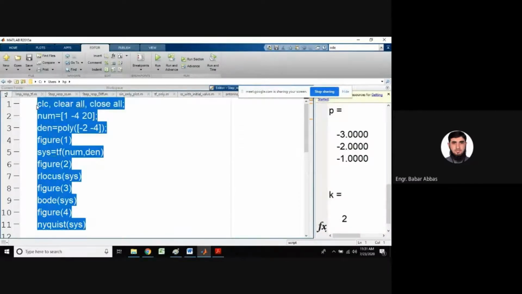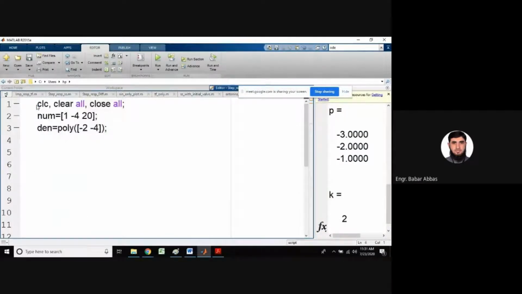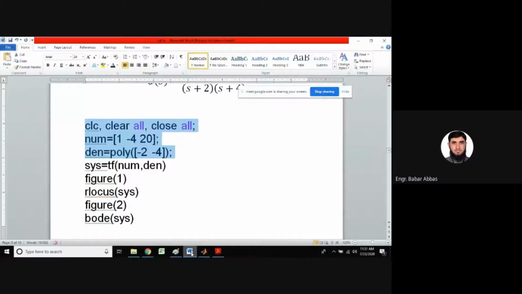Let me paste it over here. Okay, here's the program: clc, clear all, close all. Before writing the program, you have to clear the command window and clear all the variables, and similarly close all the figures. In the numerator, we have the coefficients 1, -4, and 20. What is the transfer function? Let me write the transfer function as well.